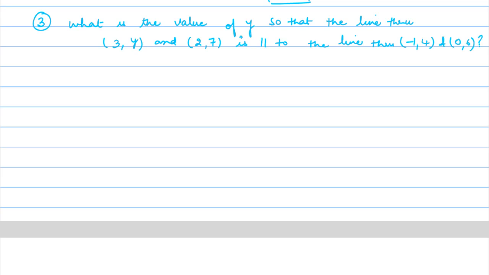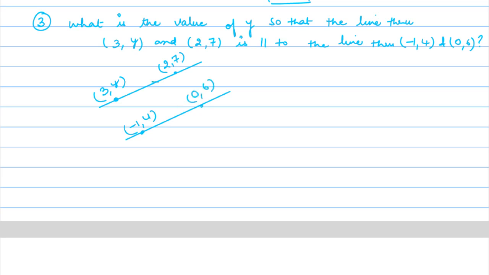Now first of all, we should understand what the question is saying. We have to find the value of y so that the line joining these 2 points, for example, let's say this is your line and it is passing through (3, y) and (2, 7). This line is parallel to this line. And the other line is passing through, let's say, (-1, 4) and (0, 6).